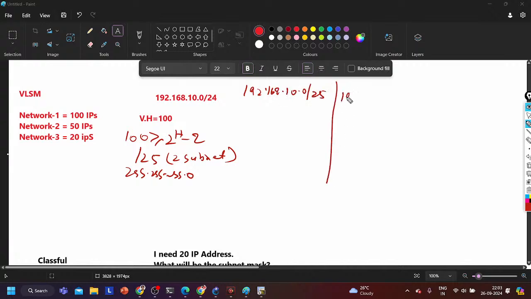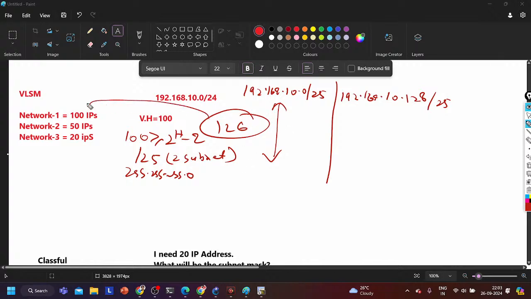Second subnet is 192.168.10.128/25. Fine. Here how many valid IP addresses are there? 126. This is perfect for network 1.